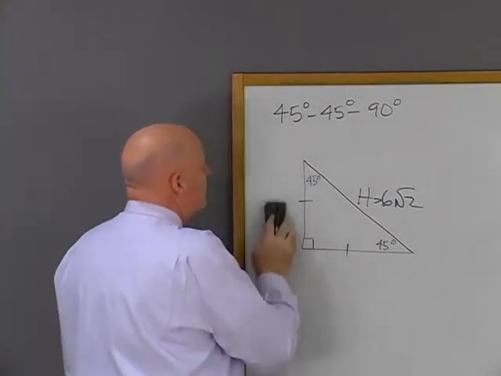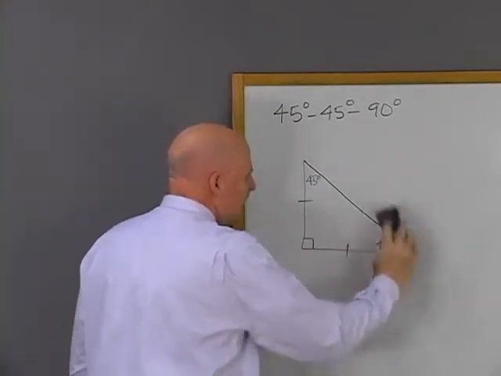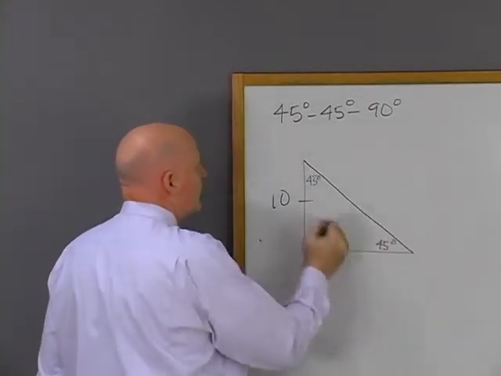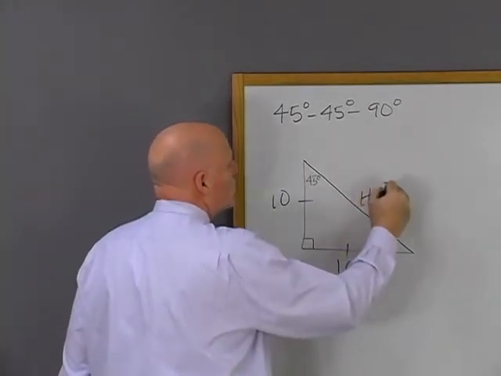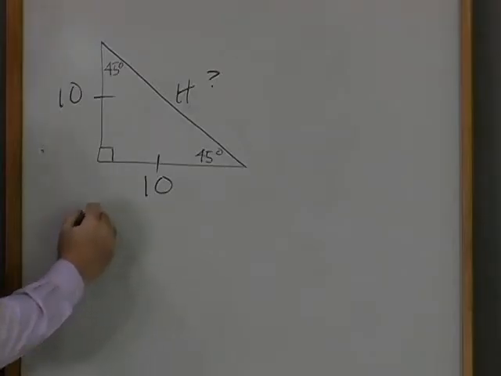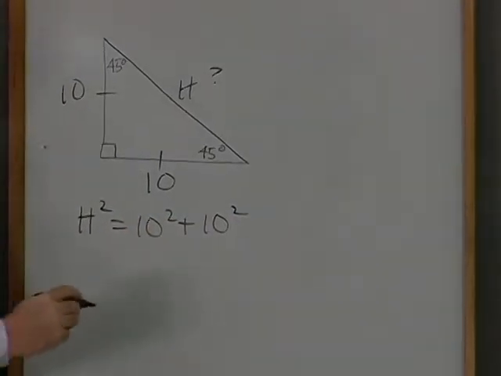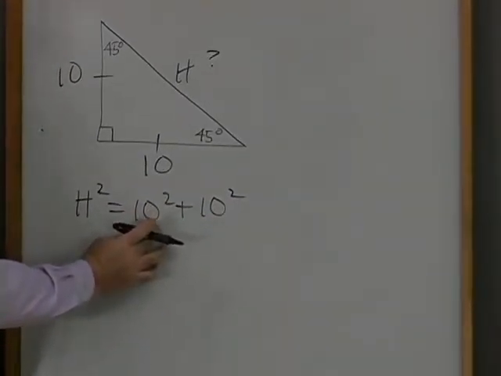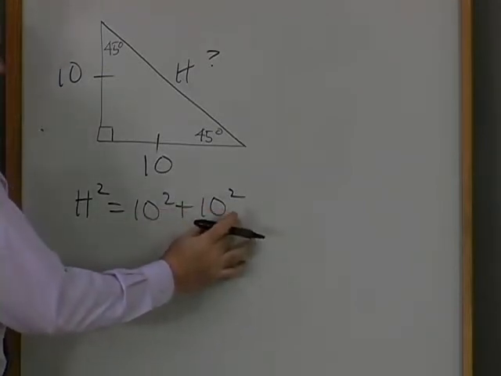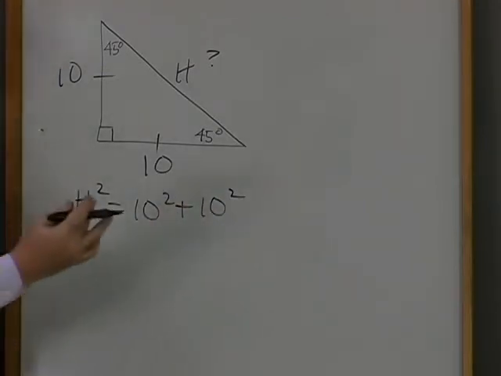Let's make the sides 10. The legs, I'm sorry. The legs are 10. Question is, what's the hypotenuse? So the hypotenuse squared equals 10 squared plus 10 squared. What's 10 squared? 100 plus 100 is 200. And I'm going to show you a little shortcut here.